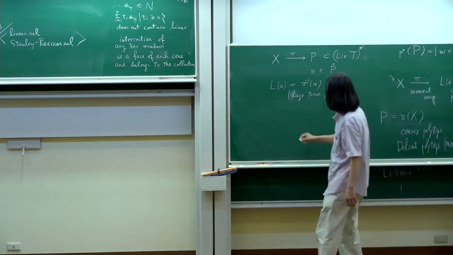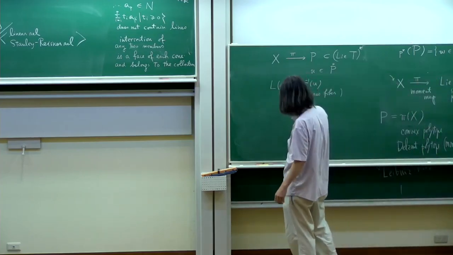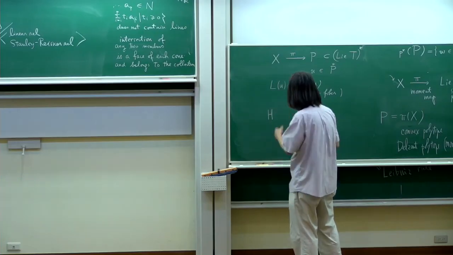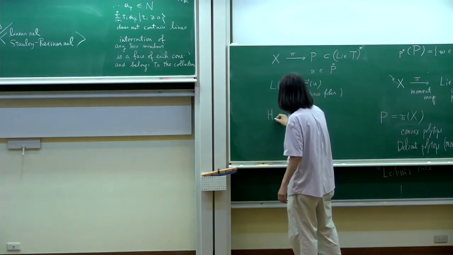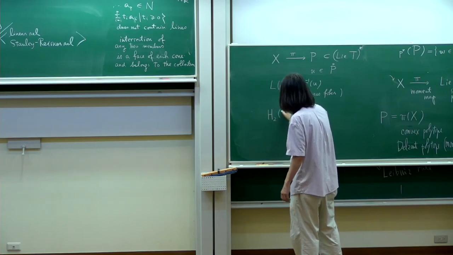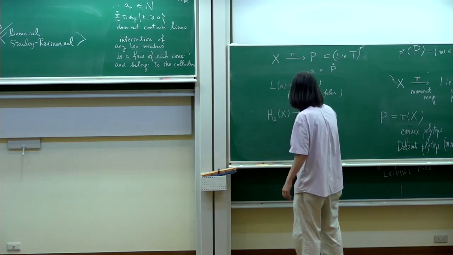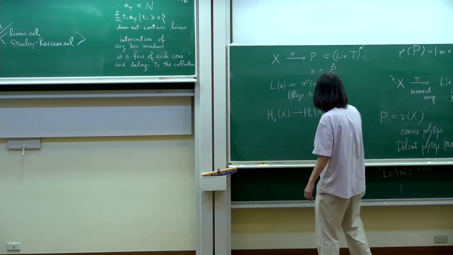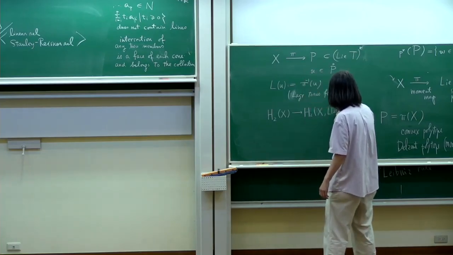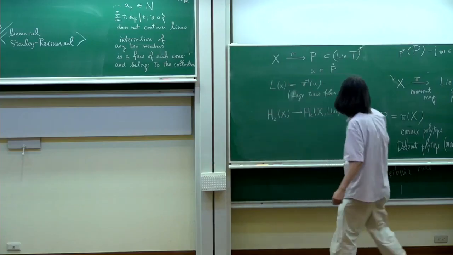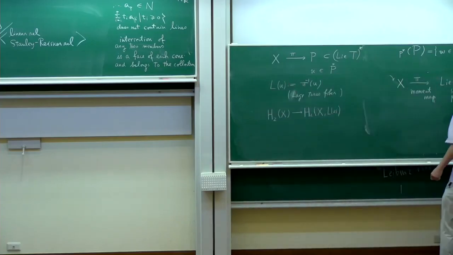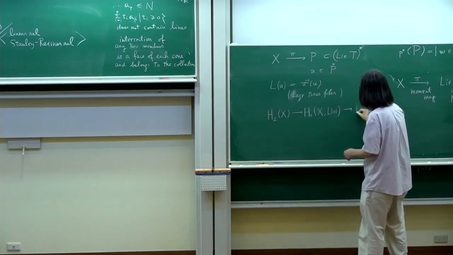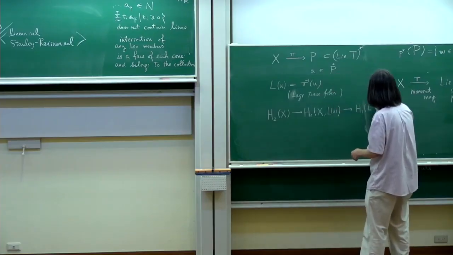But anyway, I have such a thing. And then I consider the following exact sequence. So just ordinary homology or cohomology. Maybe I consider H2 of X going to H2 of X and Lu, maybe with integral coefficient, and then going to H1 of Lu.